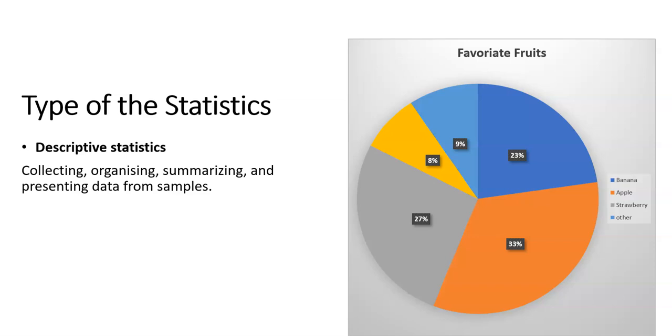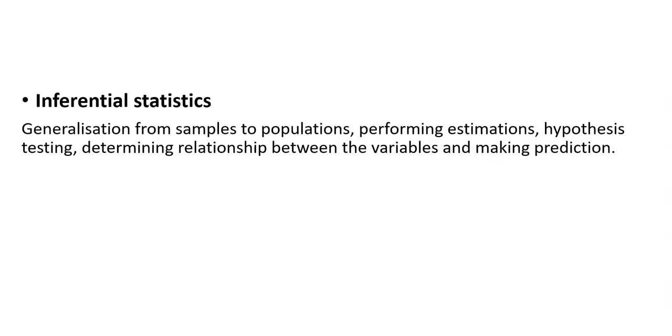And next one is inferential statistics. Inferential statistics is about generalizing from samples to population, performing estimation, hypothesis testing, determining relationship between the variables, and making some prediction. We use inferential statistics to form conclusions about a large group, the population, by collecting a portion of it as sample.